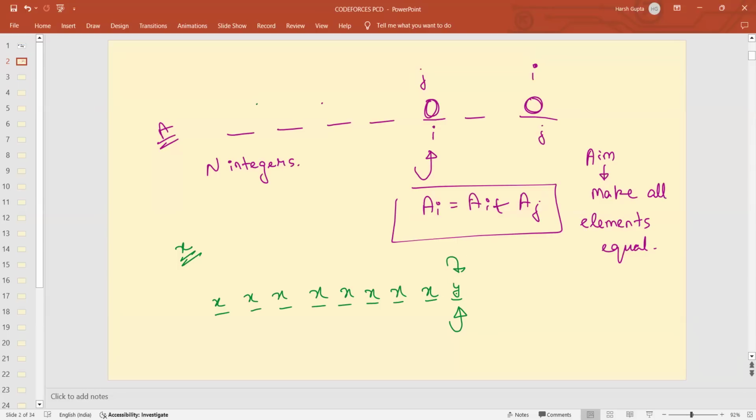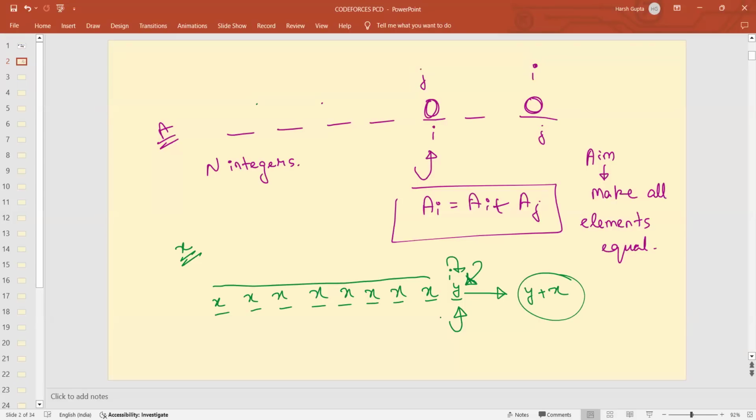So in that case, what is the value that you can write at this particular index? The value that you can write is y plus x. Because if you select this index as i, the options for selecting index j are any of these, and at all these indices the value is x.